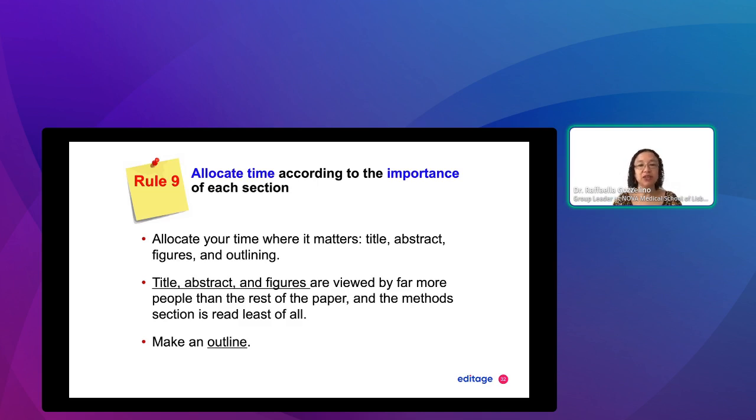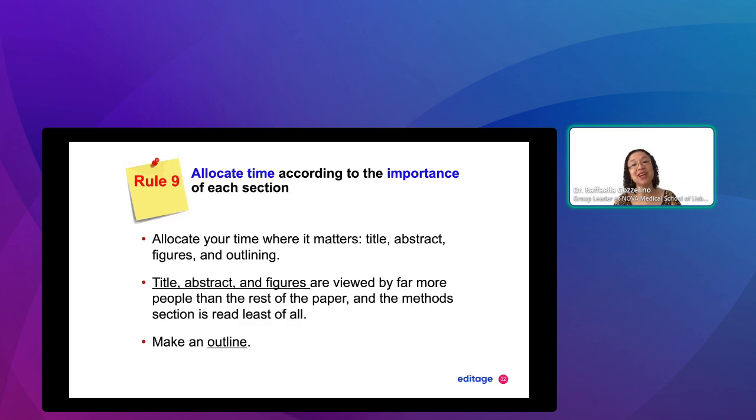The title, abstract, and figures are viewed by far more people than the rest of the paper, and the methods section is read least of all, which is sometimes a pity, because indeed the method is important in order to reproduce the data. So it's a section that is extremely important. But the methods section is actually the section that you can write faster, because during your experimental procedure, you always write how to do the experiments, the protocol, and the technique that you are using.